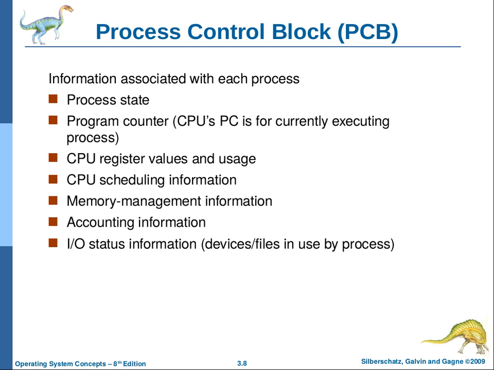That's all right. Program counter, that's just hopefully a 32-bit or 64-bit register. CPU register values and usage. Ooh, how many of those are there? Depends. Good answer. Depends on your architecture. If this was old x86, it'd be 4. Newer ones have 16. Other versions like SPARC and PowerPC will have 32, and MIPS 32.